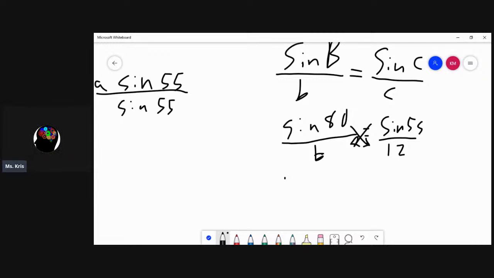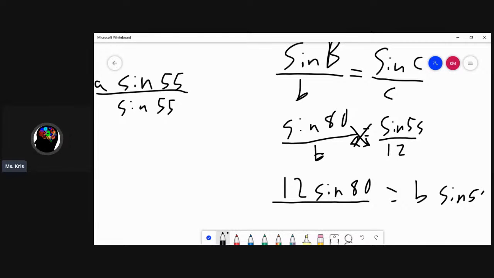And cross multiplication says 12 sine 80 equals B sine 55. And of course, I'm going to divide by sine 55 on both sides.